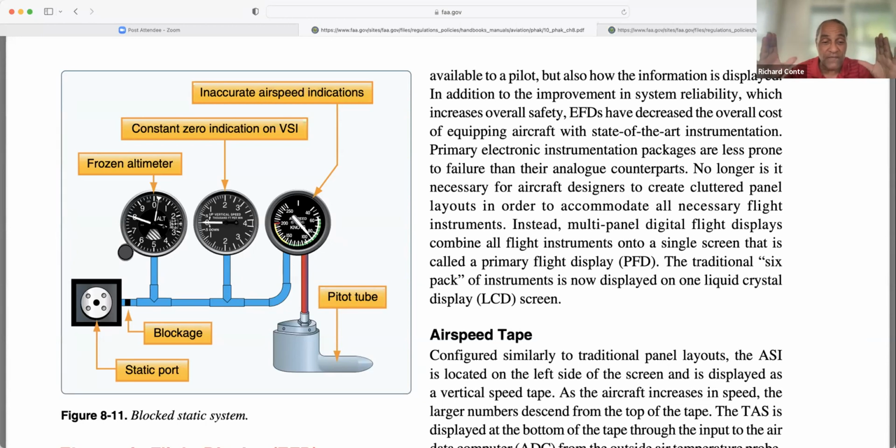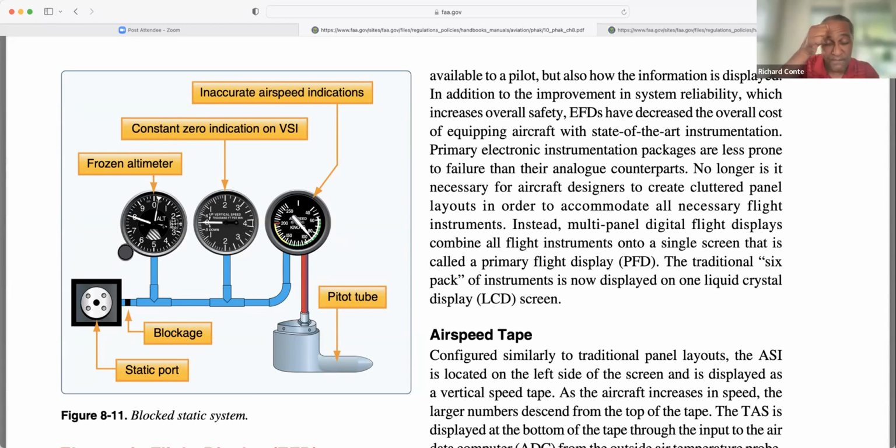The pressure of the air outside is steady, okay? And if you speed up, you have more ram air going through. That means it pushes the bellows and the gears, and it gives you a different airspeed. So more ram air, more airspeed; less ram air, slowing down, less airspeed. It's got nothing to do with the inside.